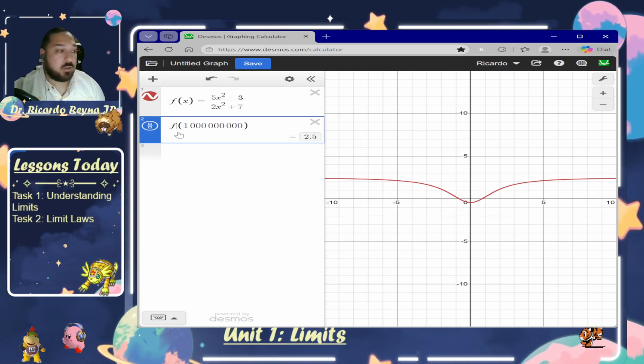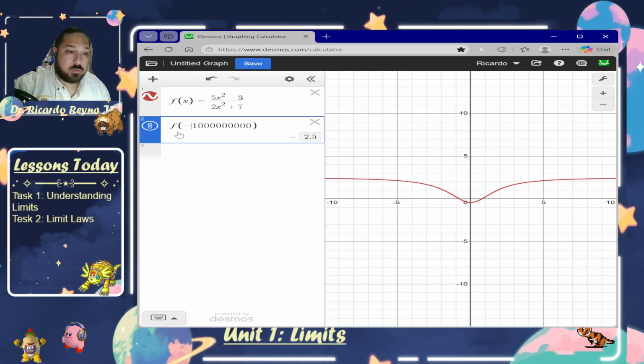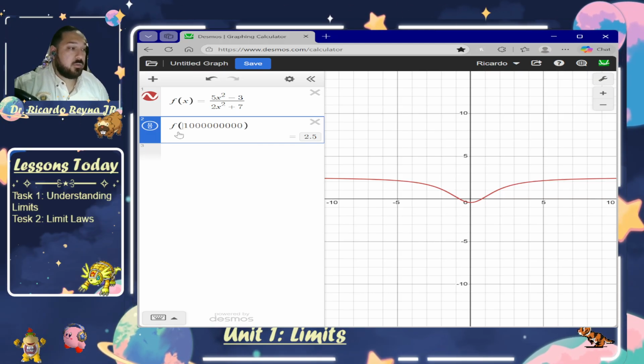If I do a negative, it will also stay to 2.5.